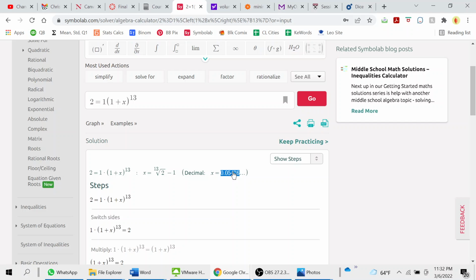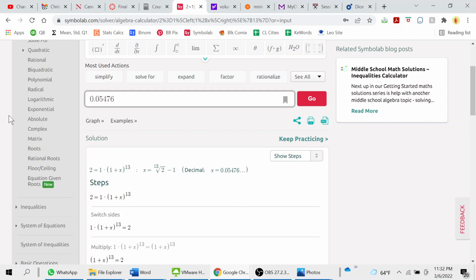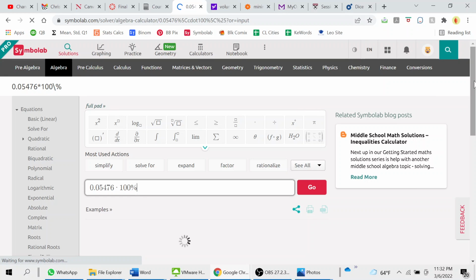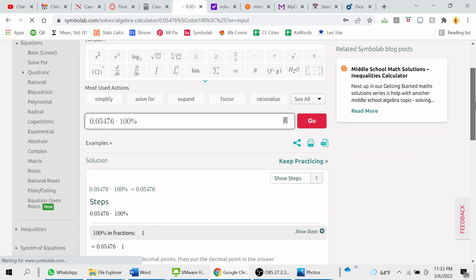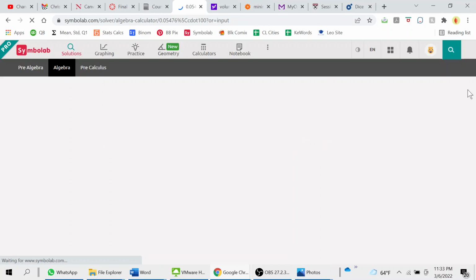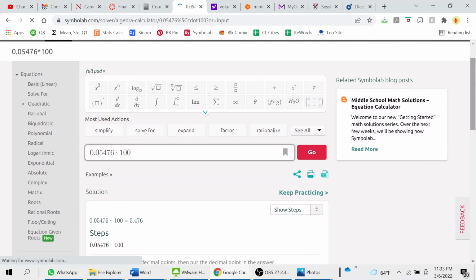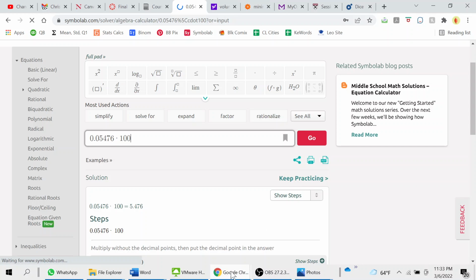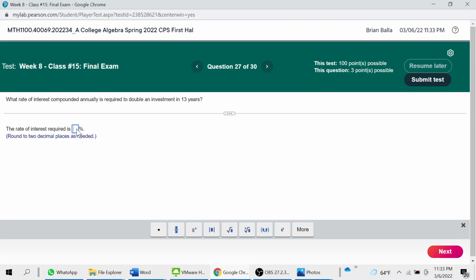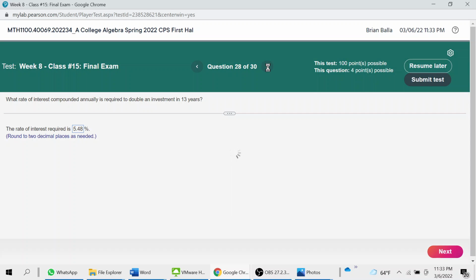Okay, round to 2 decimal places. Times 100%. Let's see what this equals. Okay, forget the percent. Just do 100. 5.48.